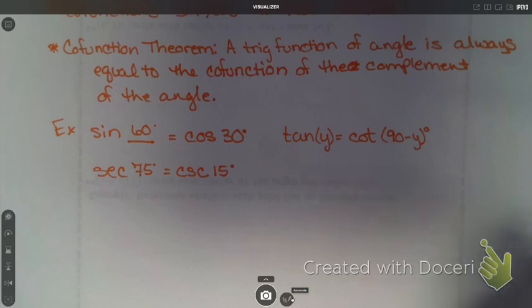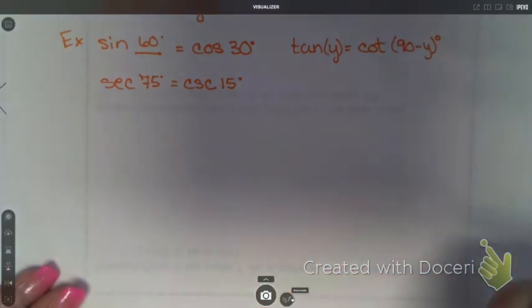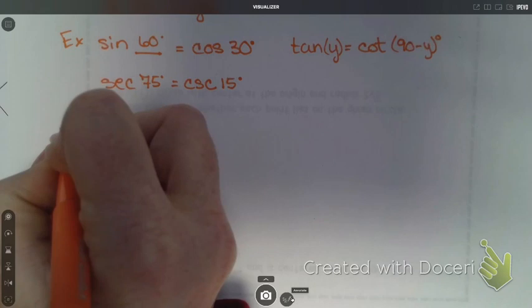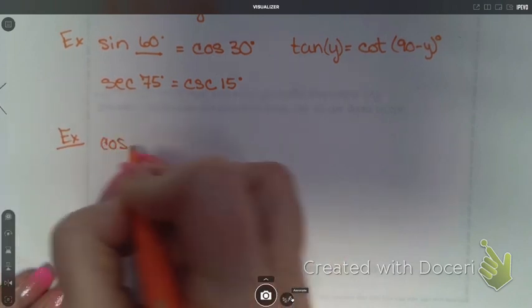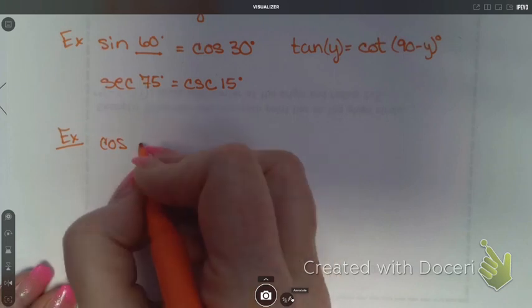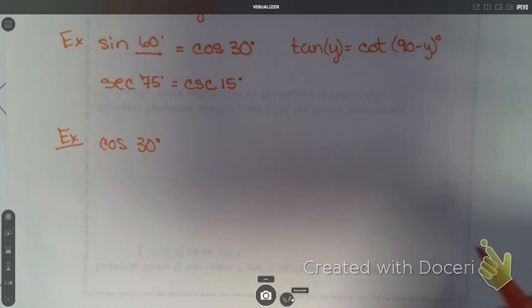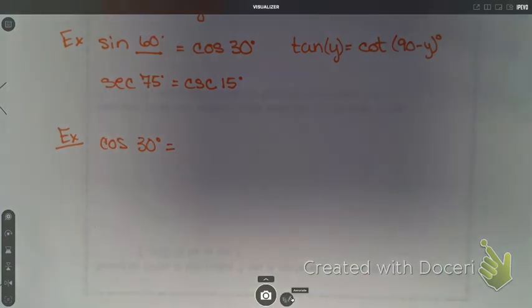Okay, so I told you you had to be able to figure out sine, cosine, tangent, and all that kind of fun stuff of all those angles, right? So let's just do a couple that I'll throw out at you. The cosine of 30 degrees. So our circle's there to check our work, but we want to visualize it, think about it.